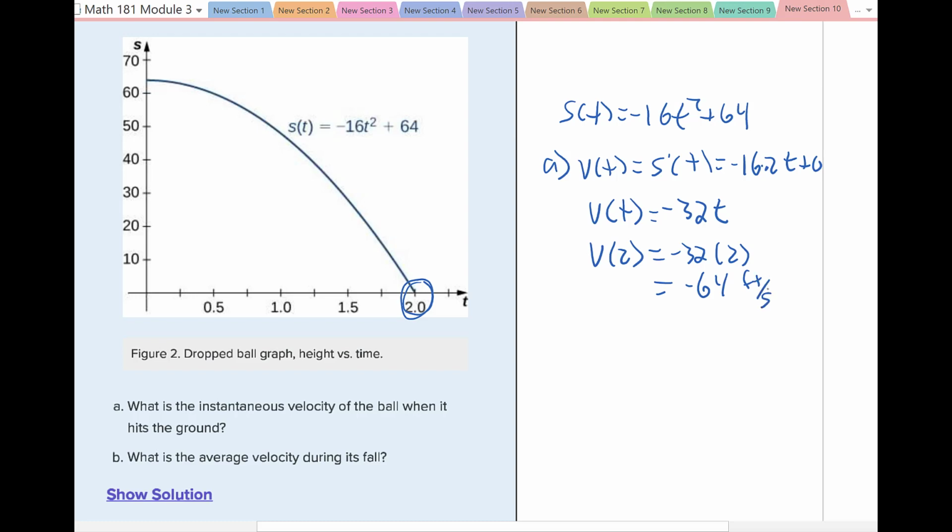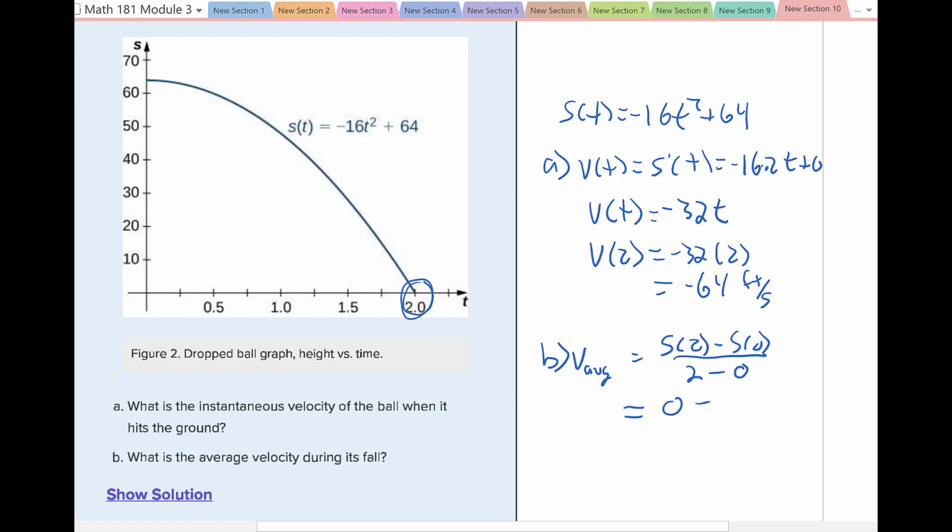And then our average velocity is going to be the position at 2 seconds minus the position at 0 seconds, over 2 seconds minus 0 seconds. The position at 2 seconds is 0 because we're at the ground.